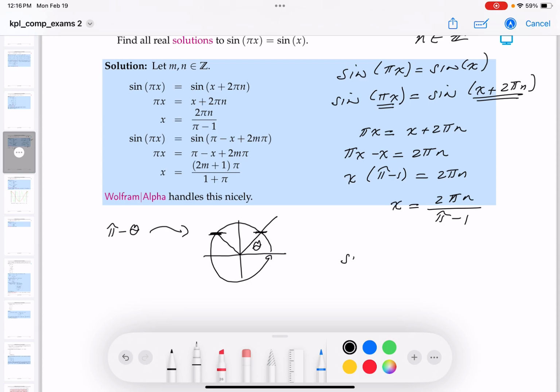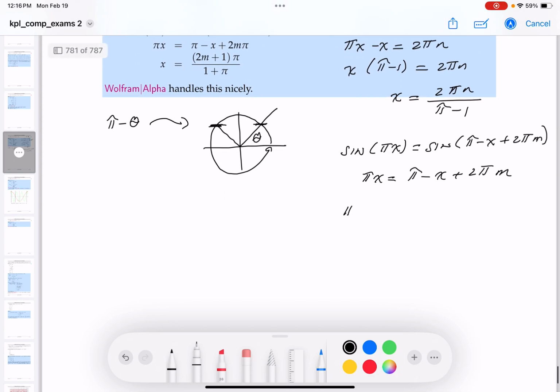Let's write that one down. So you get sine of pi x equals sine of, whoops, sorry about that, I forgot the sine. It's going to be sine of pi minus x, and then plus the repetition again, which is 2 pi n. Now in the notes I'm using m because they could be different. So pi x equals pi minus x plus 2 pi m.